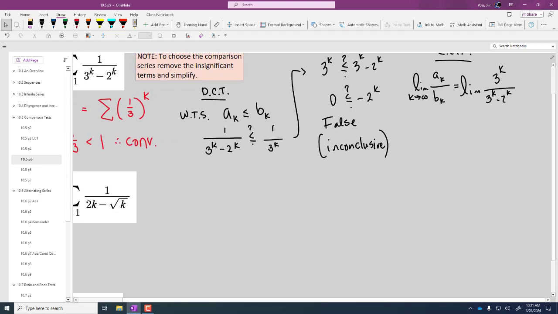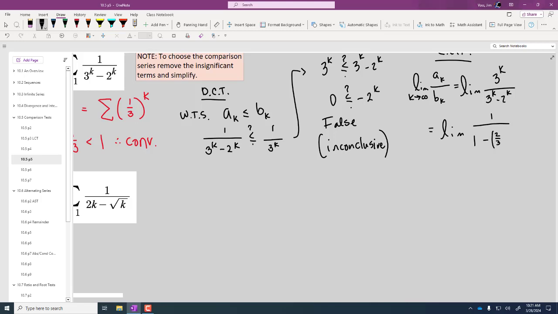We could use L'Hopital's rule here, but L'Hopital's rule is not going to play out quite as nicely as it did with the other one. Here, we really do want to divide by the dominant term. So if we divide everything by 3 to the k, we will have that.